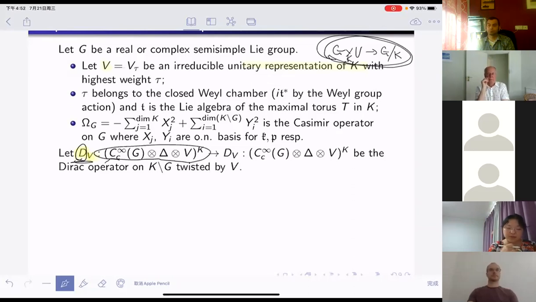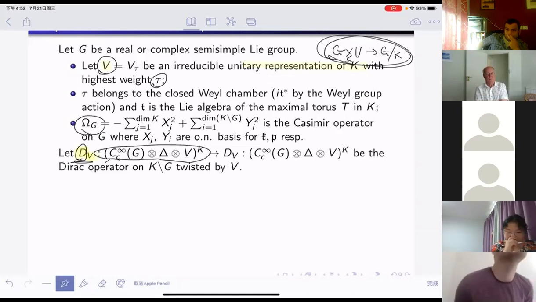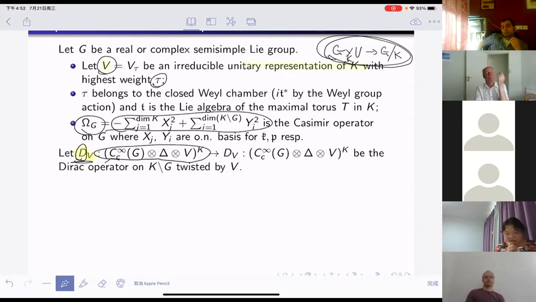Okay, and we would like to find a formula for the square of this Dirac operator. And to state the formula, one needs to label this irreducible representation of K by the highest weight, tau. And also one needs to define the so-called Casimir operator on G. That is some element that lies in the centralizer of the enveloping algebra of the Lie algebra g.